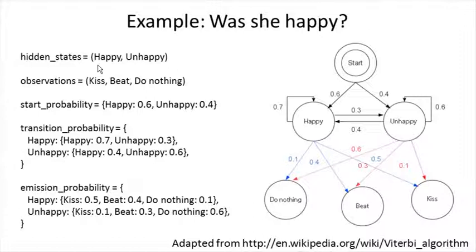Now you have met your girlfriend on 3 continuous days. On the first day, she kissed you. The second day, she beat you. The third day, she did nothing. So how is she during the 3 days? Happy or unhappy?